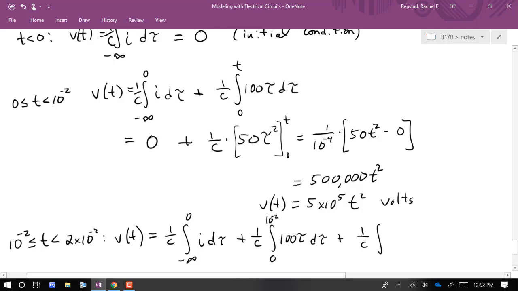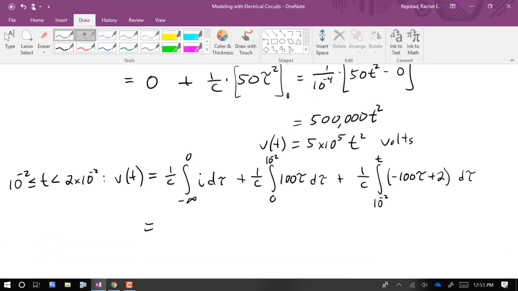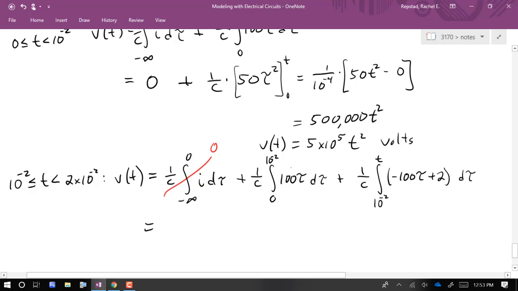And then the integral from 10 to the negative 2 up to t. The first part we know is 0. For the second part, all we're going to do is evaluate the function we found up here at t equals 10 to the negative 2. So that's 5 times 10 to the 5th times 10 to the minus 2 squared.